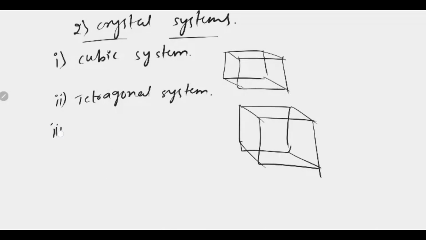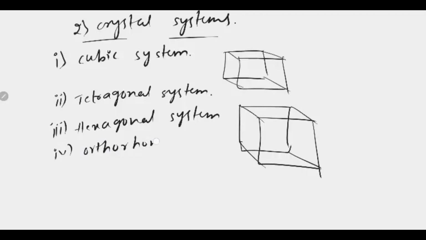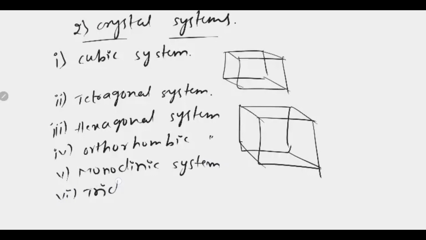Hexagonal, orthorhombic, monoclinic system. I will explain the differences between the cubic, tetragonal, hexagonal, orthorhombic, monoclinic, and the final one, triclinic system.